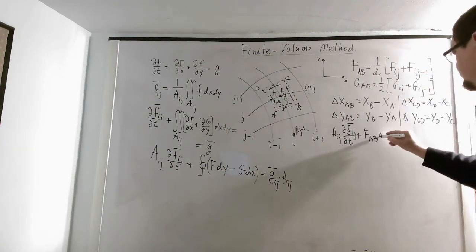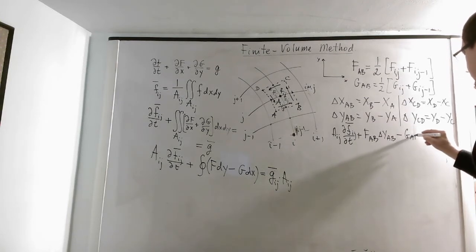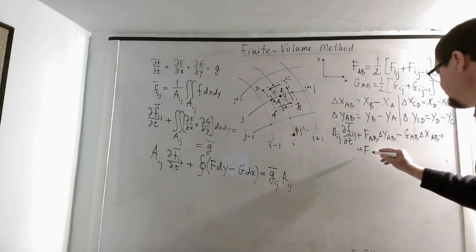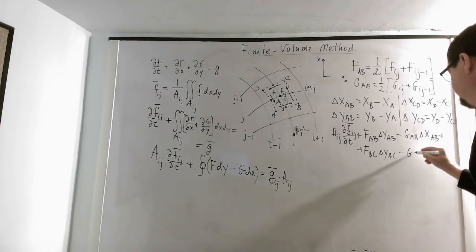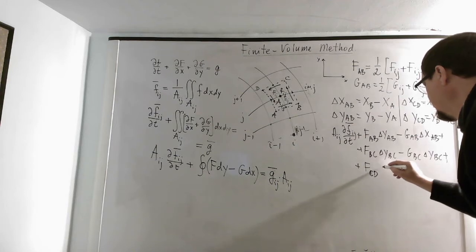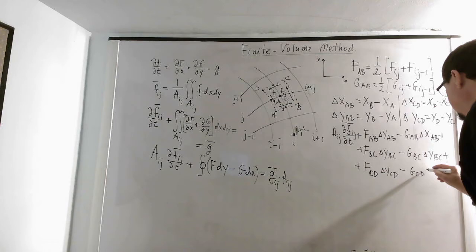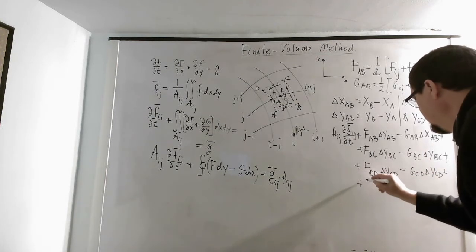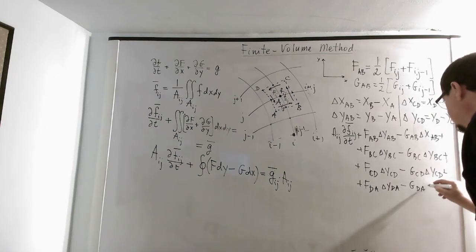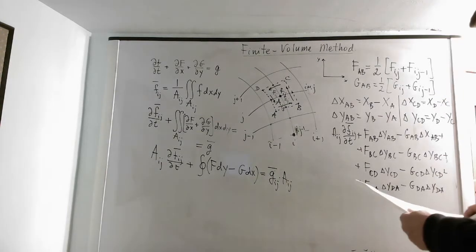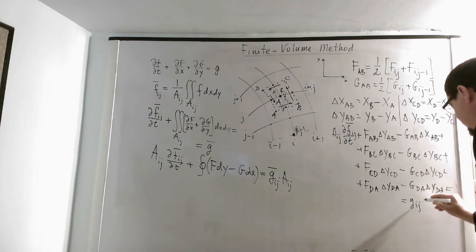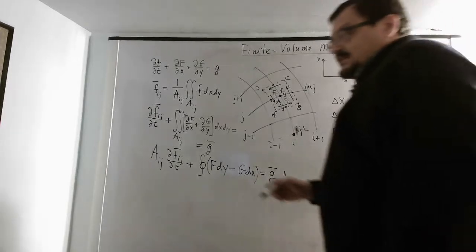So FAB delta YAB minus GAB delta XAB plus FBC delta YBC minus GBC delta XBC plus FCD delta YCD minus GCD delta XCD and plus FDA delta YDA minus GDA delta XDA, and equals Gij area ij. So that's it. So this is basically our scheme.